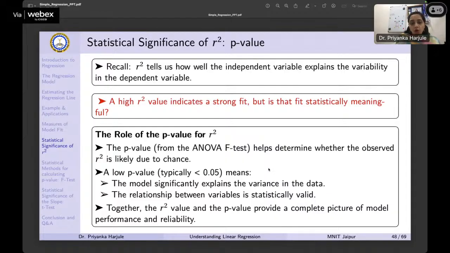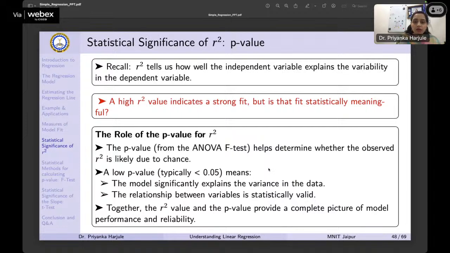Okay, so a low p value generally shows the model is significant, and the relationship between the variables is statistically valid. Together, the r square value and the p value provide a complete picture of model performance and reliability.